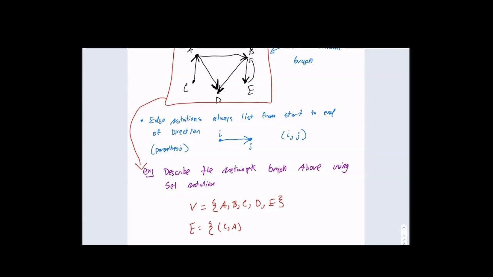In some notations, you might see it written without parentheses, and that's appropriate as well, but I want us to keep the same type of notation so that we always write each edge as its own little piece. So (C, A), (A, B), (A, D), (D, E), (B, E), (B, D).